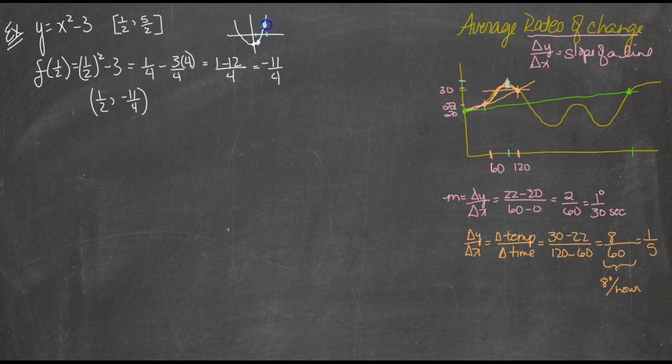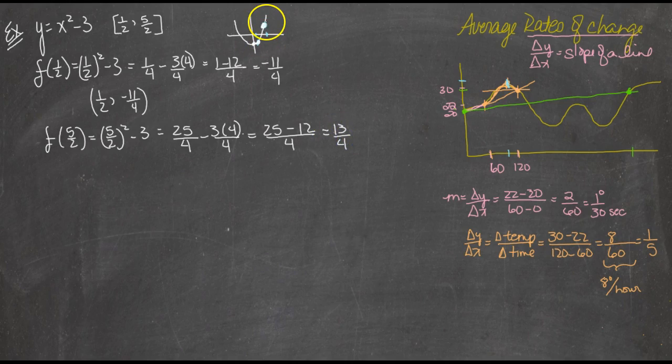And then let's find the value for the other point. The f of 5/2 equals (5/2) squared, just substituting, minus 3, but that's 25/4 minus 3. Multiply 4 into the numerator and the denominator, and that gives me 25 minus 12 over 4, which leads to 25 take away 12 is 13/4.